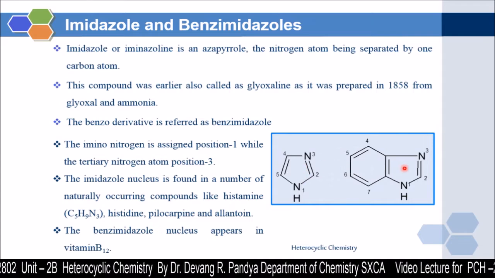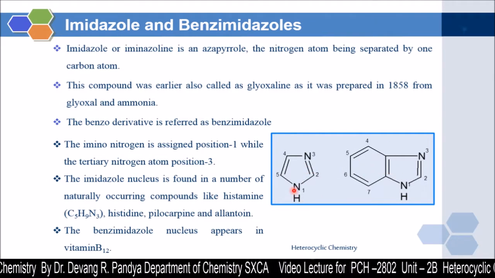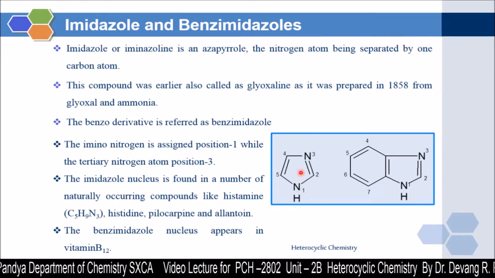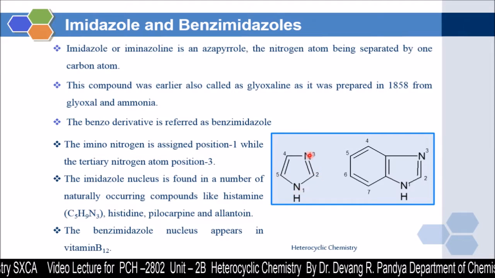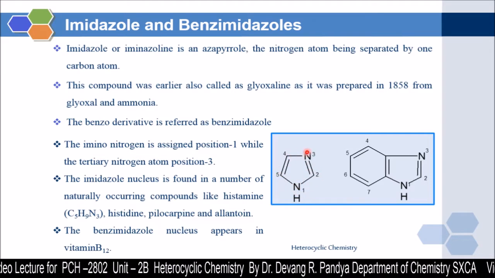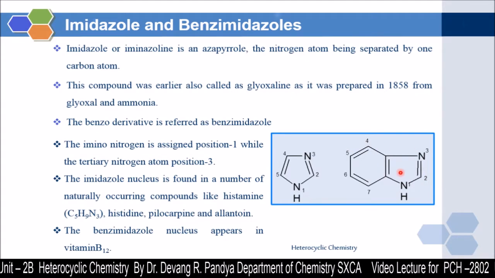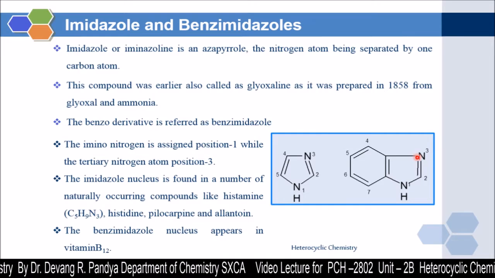Here are the two structures, imidazole and benzimidazole, a fused ring structure. This one is an imino nitrogen and this one is a tertiary nitrogen, so this one is given priority: 1, 2 and 3. We cannot give numbering from the other side. Similarly for the benzene fused structure, the second nitrogen should come at the minimum numbering.